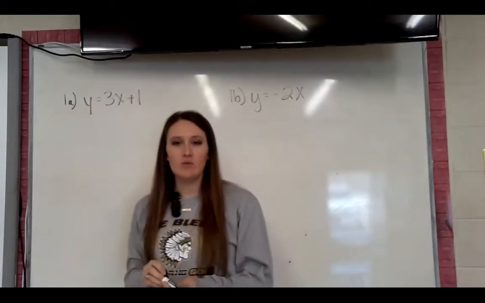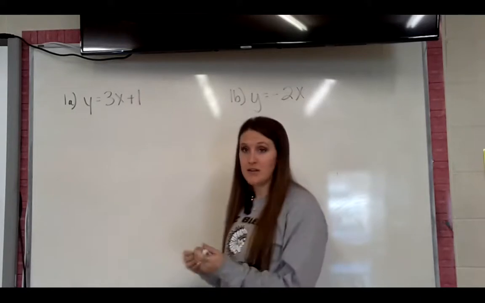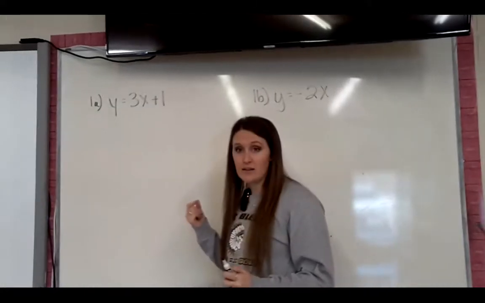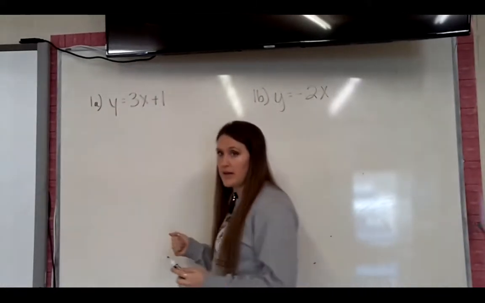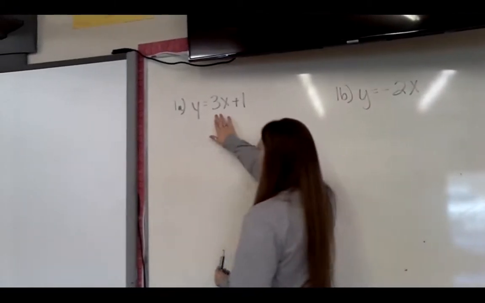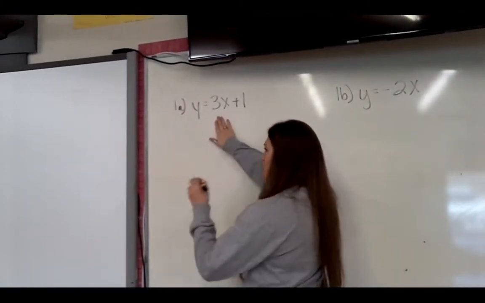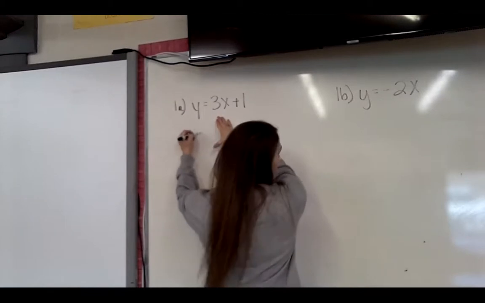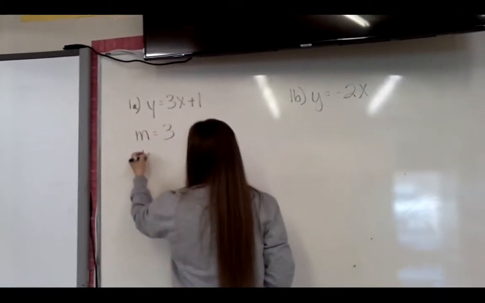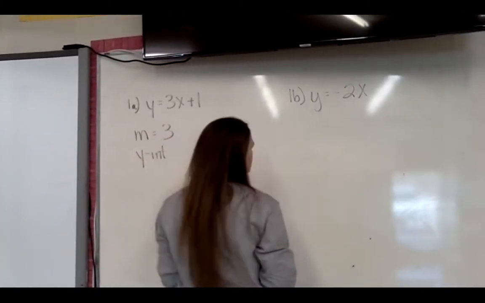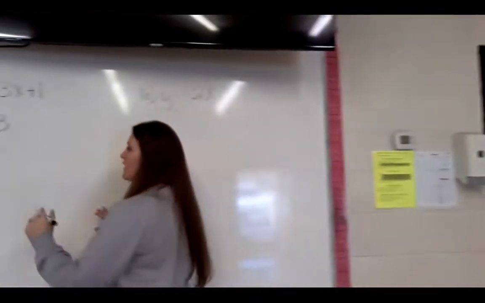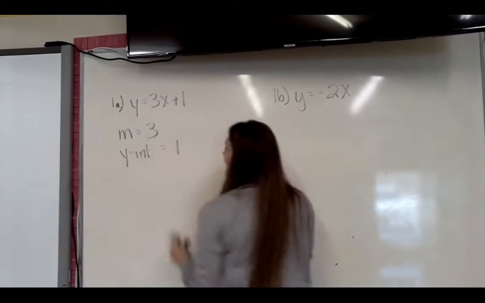Okay, on 1A and 1B, we are just stating the slope and y-intercept. So they're already in the correct form. My slope is just the number out front of the x, that's your m. So our slope on this problem is 3. Our y-intercept, which is where it crosses the y-axis, is 1. That is a point.